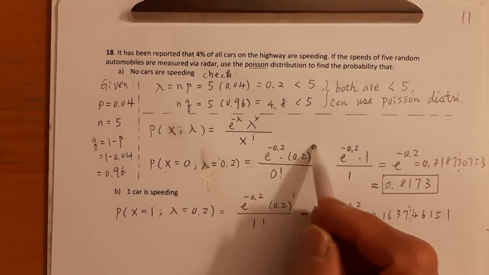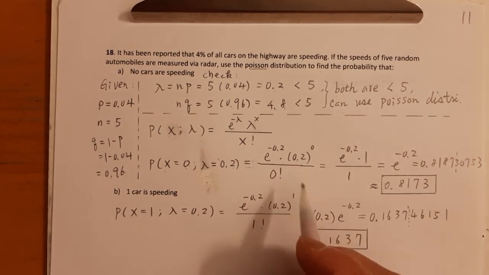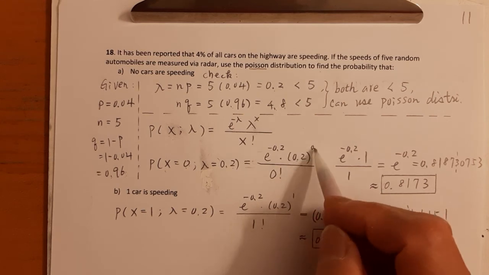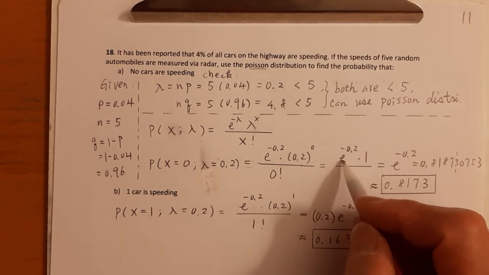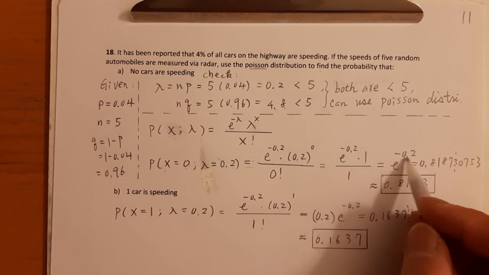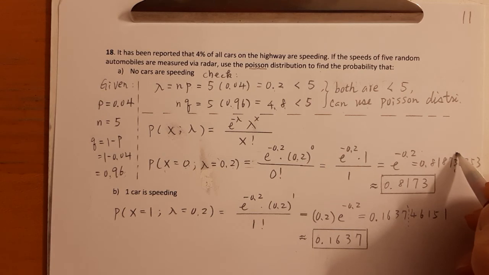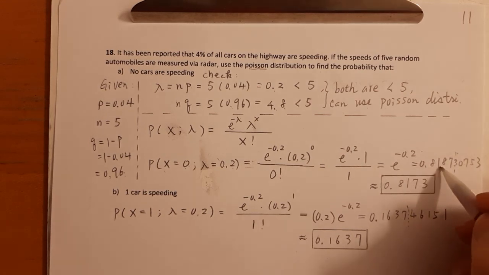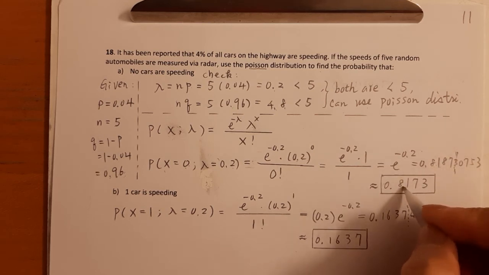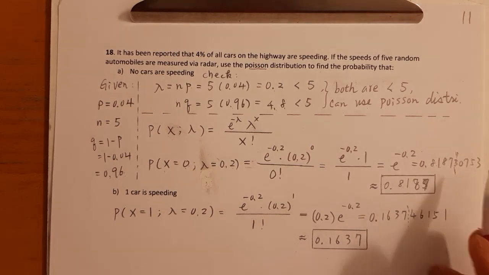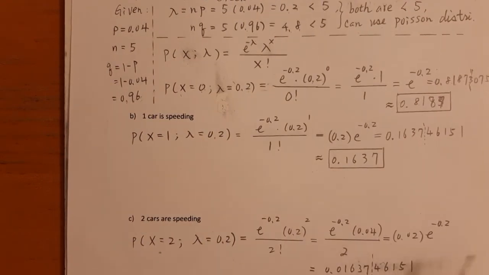X is 0, no cars, over x factorial, which is 0 factorial. 0 factorial is 1. 0.2 to the power 0 is also 1. So multiplied together, you get e to the power negative 0.2. Use the calculator. We got this, and rounded it to 0.8187.